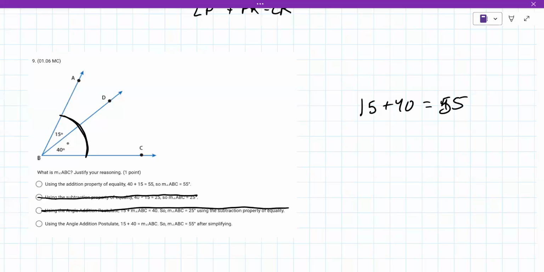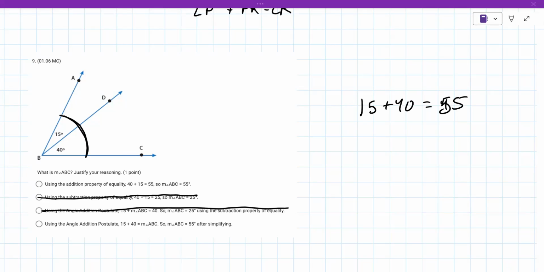All right, so look at A and look at D. What's the difference between them? Well, let's look at D, the last one. It says using the angle addition postulate, then 15 plus 40. You are adding, but why can you add?